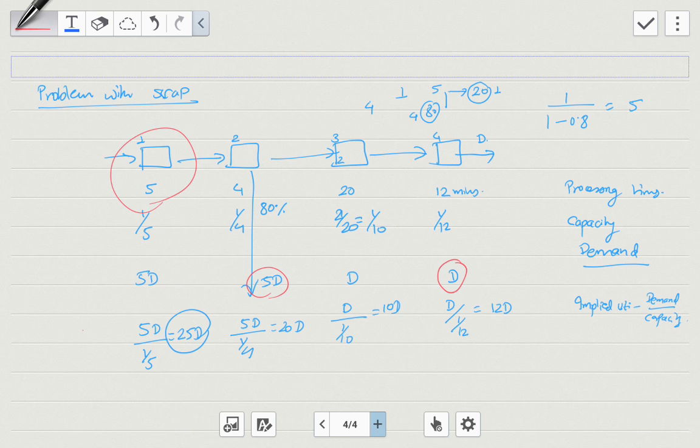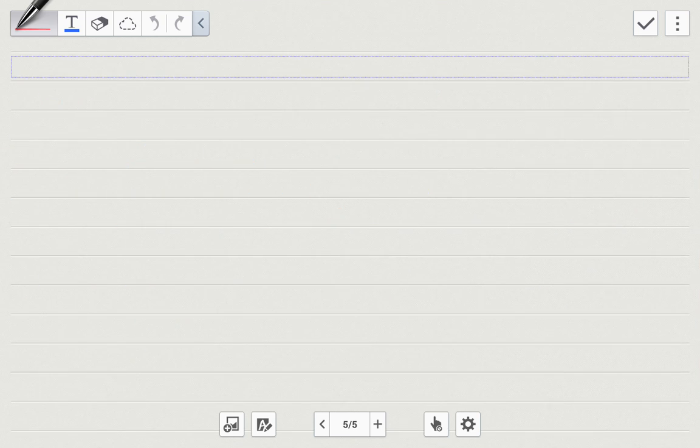The next question is about lean burgers. In this question, the first question asks, what is the capability score? The formula for the capability score is USL minus LSL divided by 6 sigma.